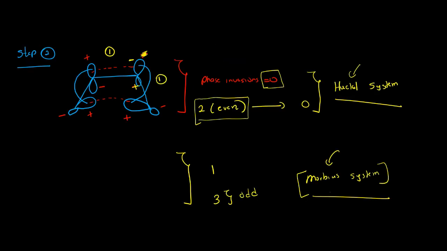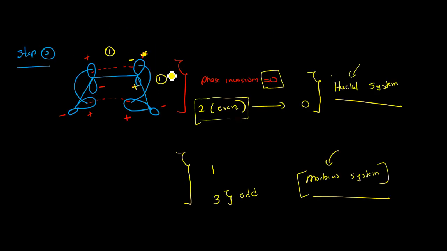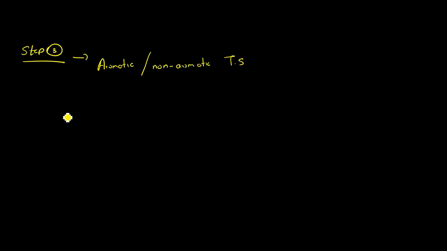If you remember, we identified whether our system is a Huckel system or a Mobius system in step 2. I hope we are clear up to now. So in step 3, based on our conclusion here, let's say our molecule is a Huckel system.